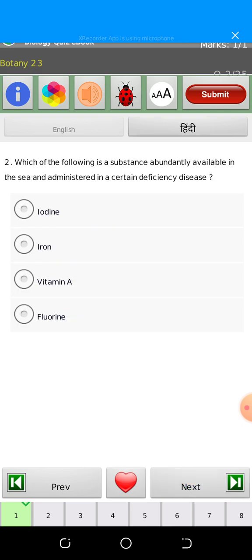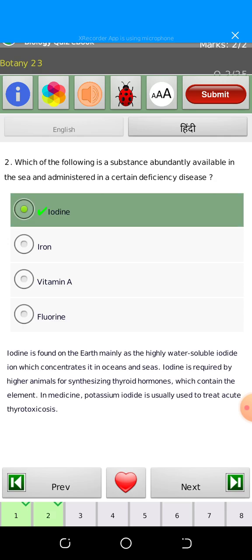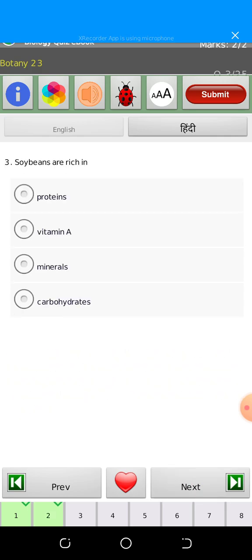Next is, which of the following is a substance abundantly available in the sea and administered in a certain deficiency disease? Iodine, iron, vitamin A, fluorine. Iodine. Next is, soybeans are rich in proteins, vitamin A, minerals, carbohydrates.